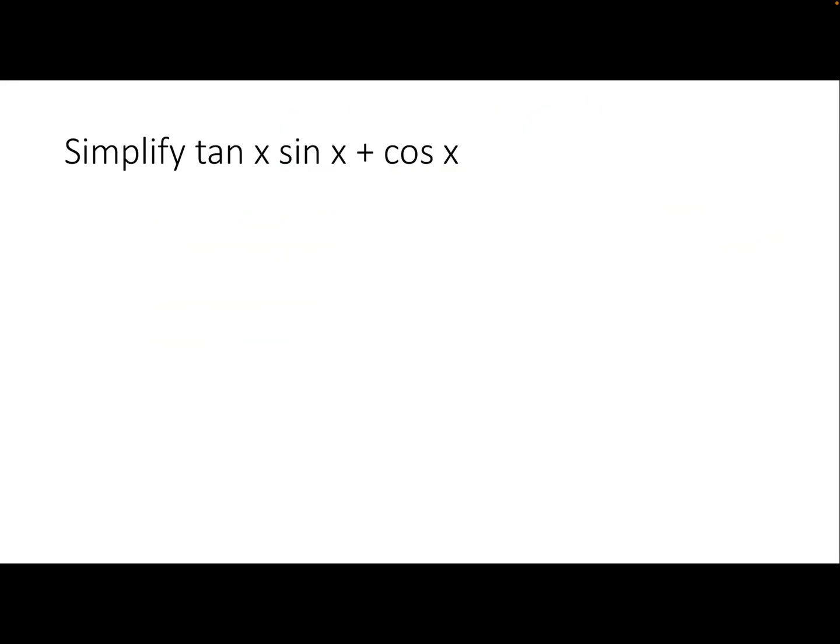All right, so let's try and see if we can simplify tangent of x times the sine of x plus the cosine of x. So first of all, let's ask ourselves if we know anything at all about any of them, and we know, because we know the quotient identity, that the tangent of x is the sine of x over the cosine of x.